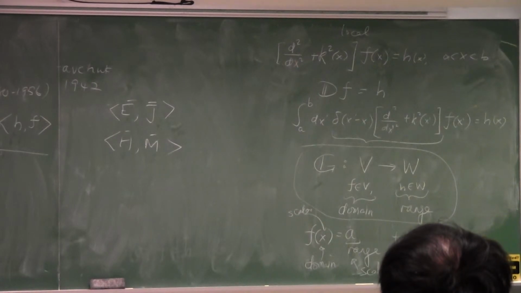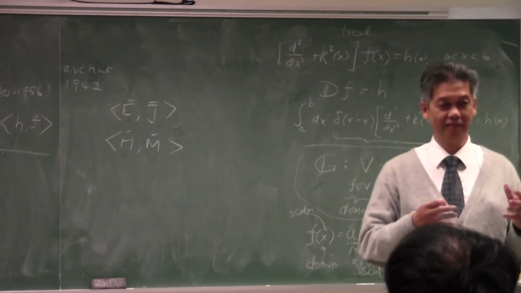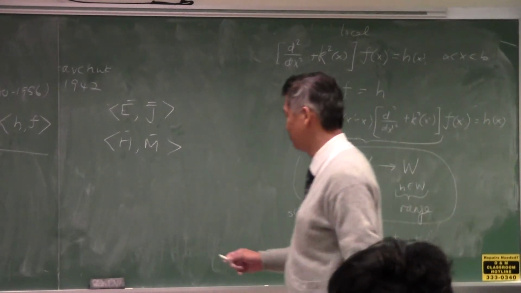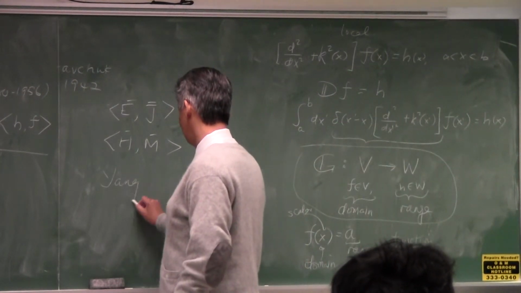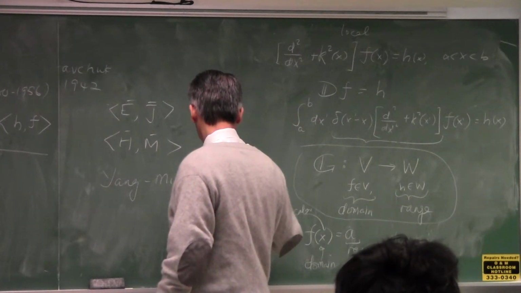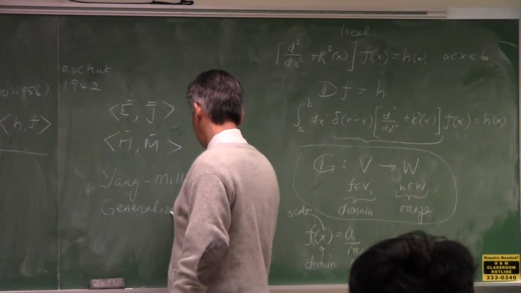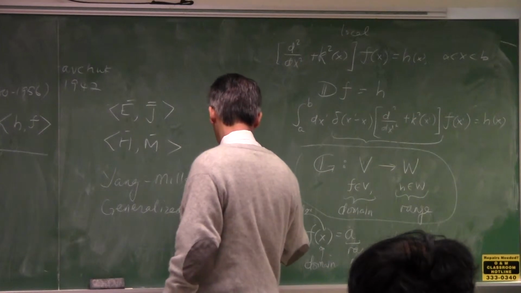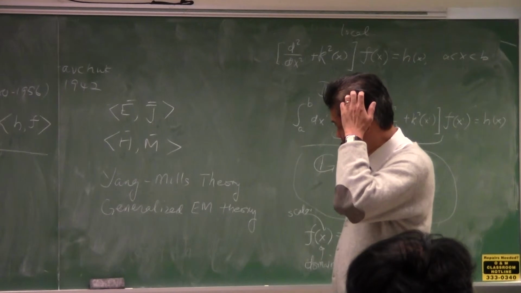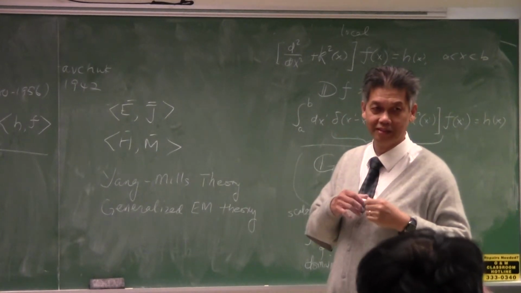In fact, it is, because if you read some of the things that people are studying now, called the Yang-Mills theory. Okay, Yang-Mills theory. I don't know if I ever talked about it. Yang-Mills theory is called a generalized EM theory. Okay, it's a generalized EM theory because if you look at Yang-Mills theory, the simplest form of Yang-Mills theory is EM theory, is electromagnetic theory.